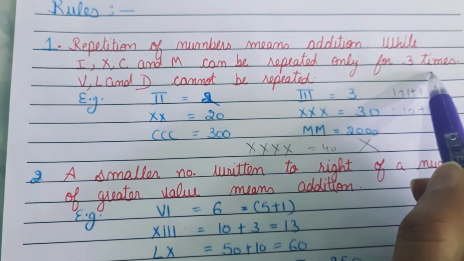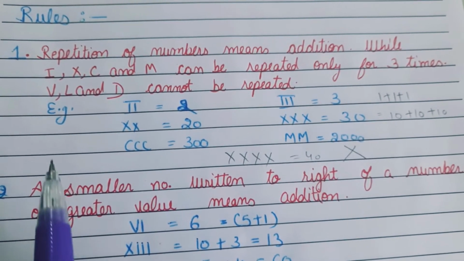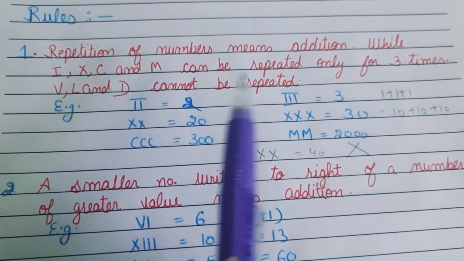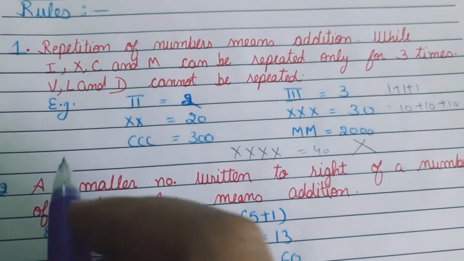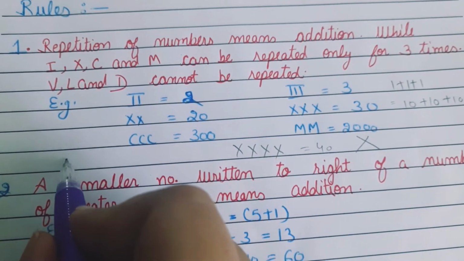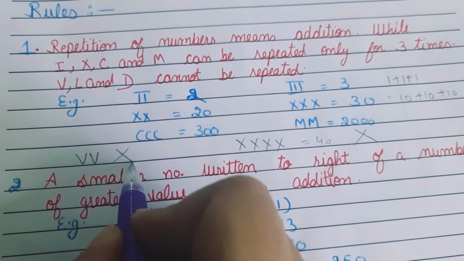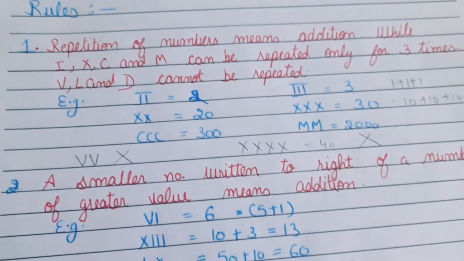Right students? The next thing is that we cannot write V, L and D 2 or 3 times because they cannot be repeated. If we write V and V, this is totally wrong.